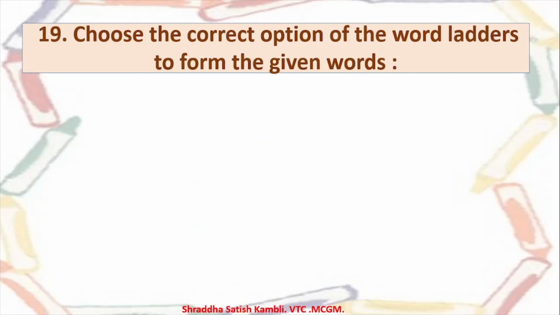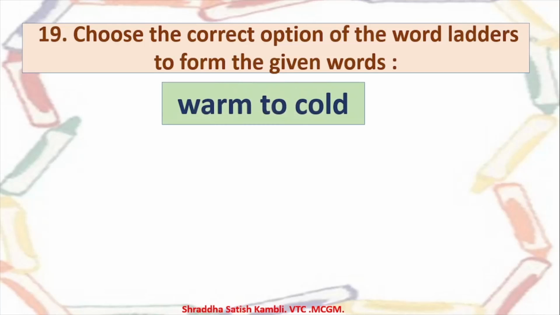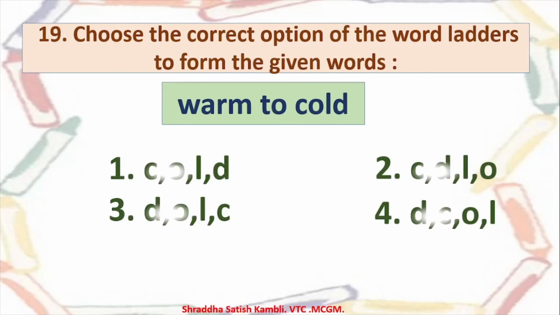Okay? Coming to the second last question in this video. Warm to cold. So we saw the example of cold to warm. Now let's see how the sequence will appear when the letters change. Warm to cold. So will it be 1 COLD, 2 CDLO, 3 DOLC or 4 DCOL?